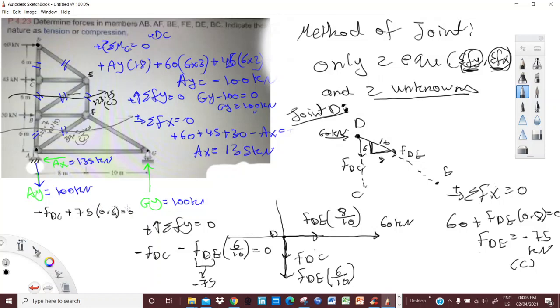So 75 into 0.6, and the answer is going to be FDC equal to 45 kilonewton tension. Okay guys, thank you guys.